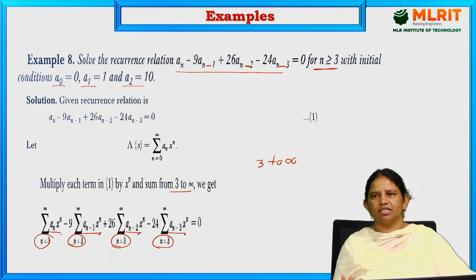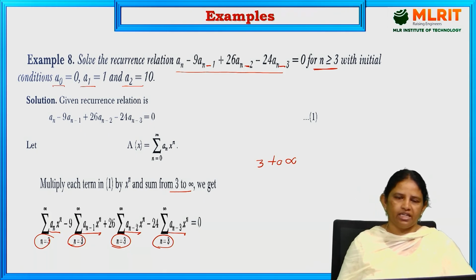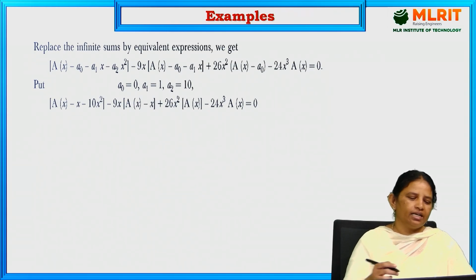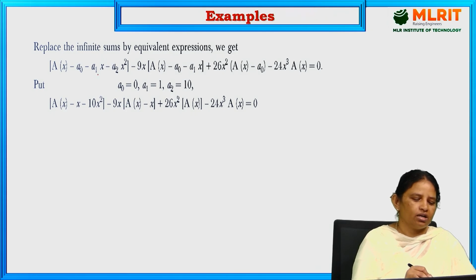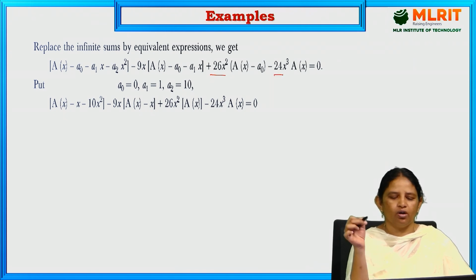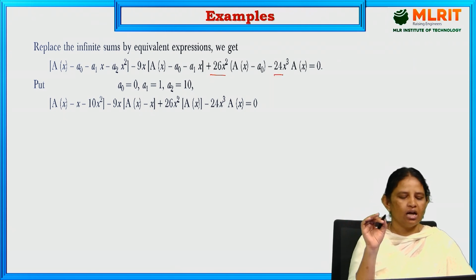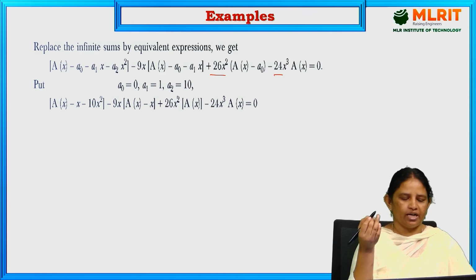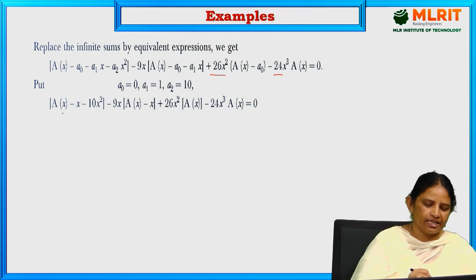Now replace each infinite sum with the corresponding sequence expression. We'll get A of x minus a0 minus a1x minus a2x square. The second term is 9x, third term is 26x square, and 24x cube. So these are the terms. Now we need to separate the terms. That is A of x minus 10x square, that is the a2 value.